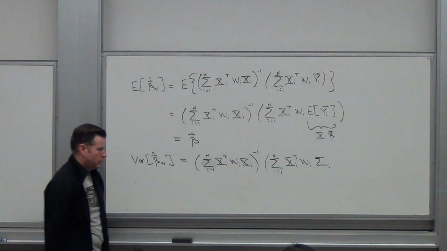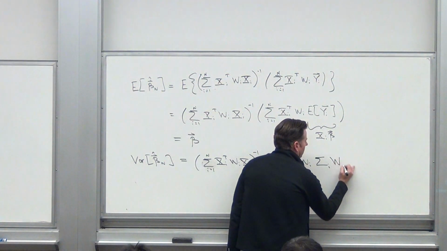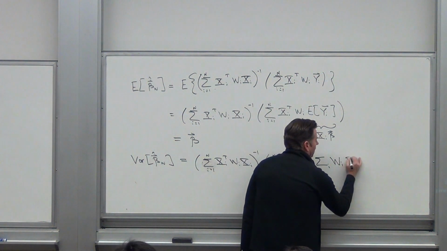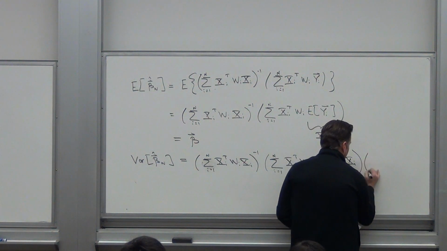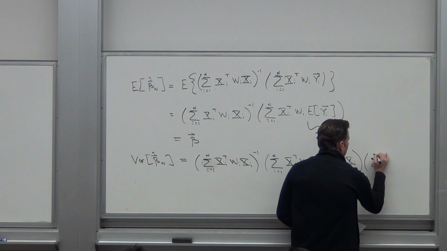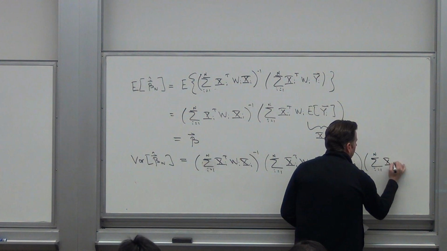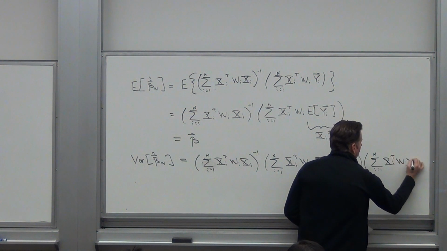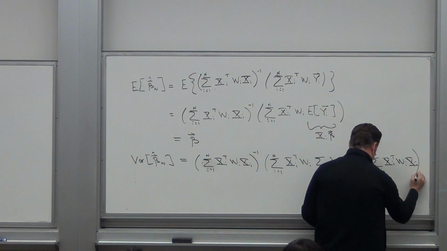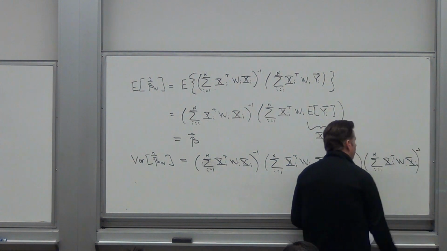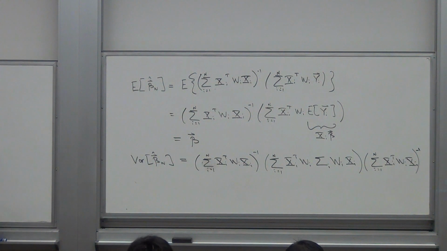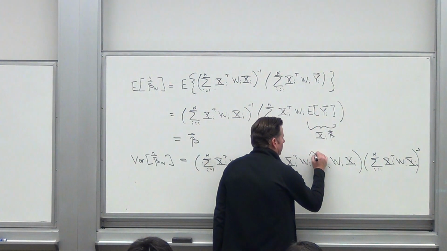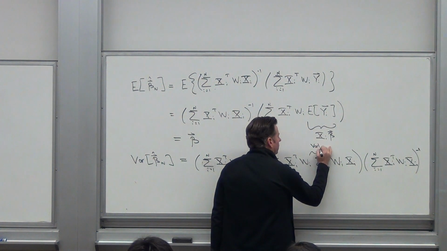It's the true variance of yi. Then a wi xi. And then finally, the sum i equal 1 to capital N, xi transpose wi xi, and an inverse. So just to again emphasize, this thing is the true variance of the vector yi.